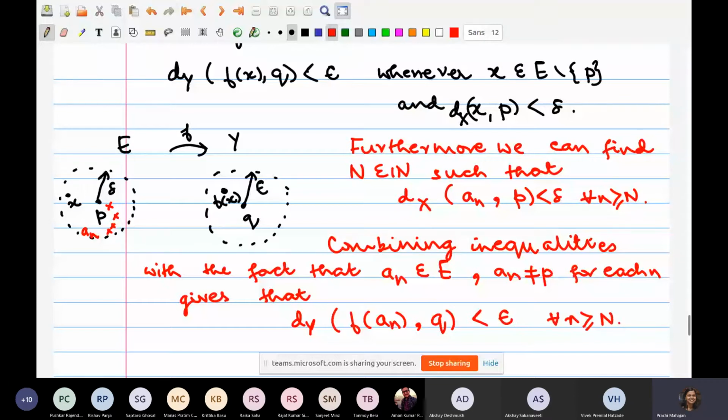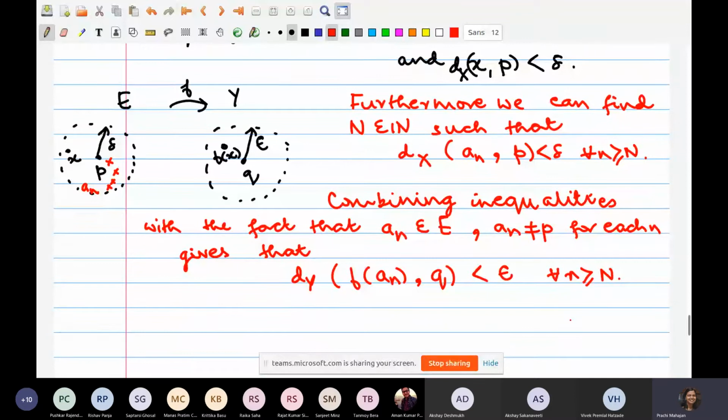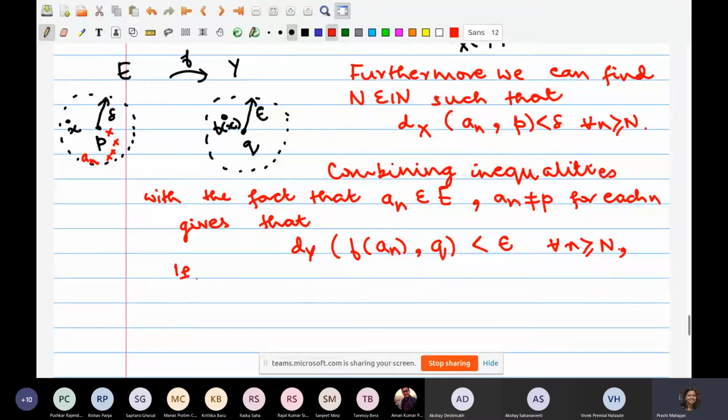Correct? Now, this is exactly saying that corresponding to an epsilon positive, there exists a positive integer n such that f of a_n are in the epsilon neighborhood of the point Q. Yeah? So this is exactly saying, in other words, that the limit of the sequence f of a_n exists as n tends to infinity and equals Q.